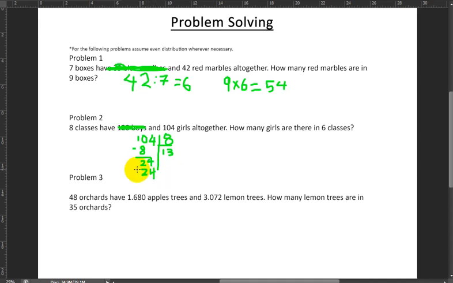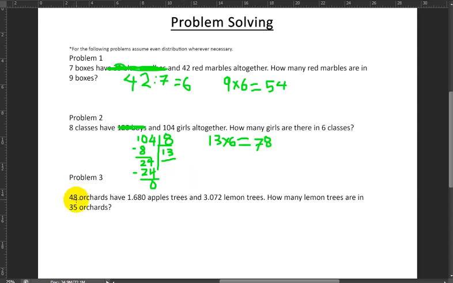If I do this subtraction, it gives me 0. So my answer is 13. That's how many girls are in 1 class. So how many will be in 6 classes? Well, that would be 13 times 6. You could do this vertically if you wanted to. But this makes 78.